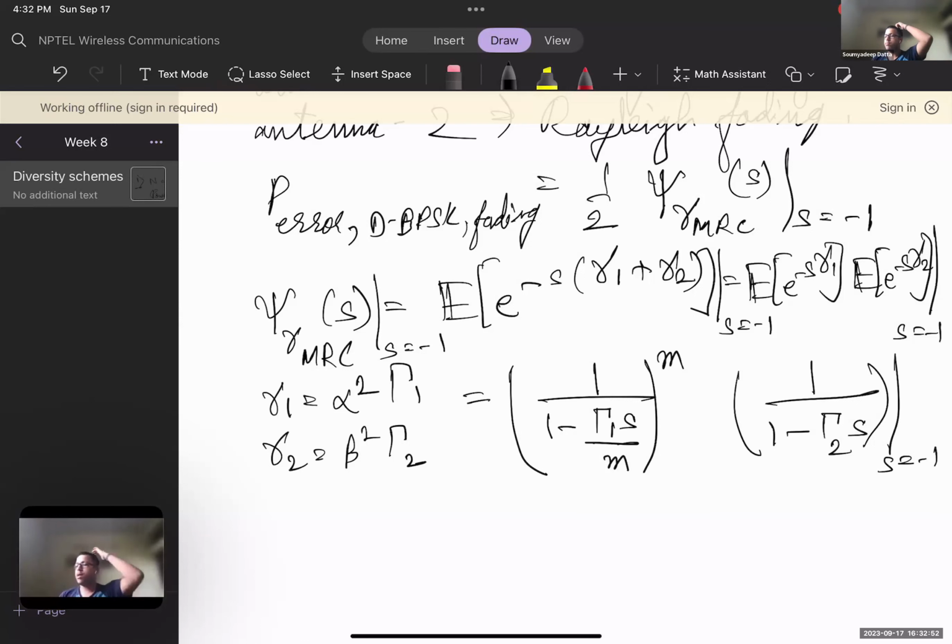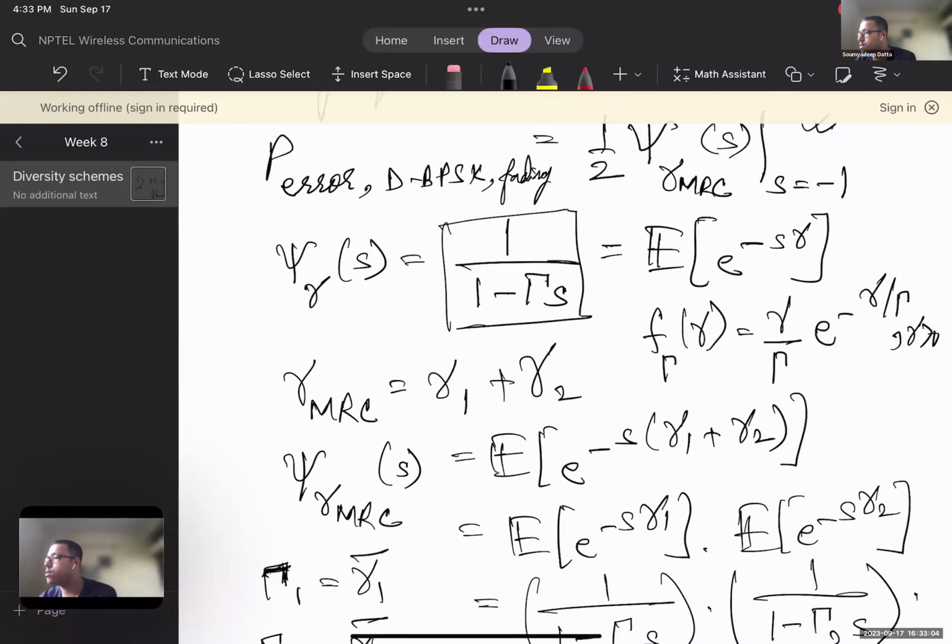If you remember, I told you this formula for SNR in a Rayleigh channel. This is the Rayleigh fading gain formula, so this formula is exclusive to Rayleigh fading.